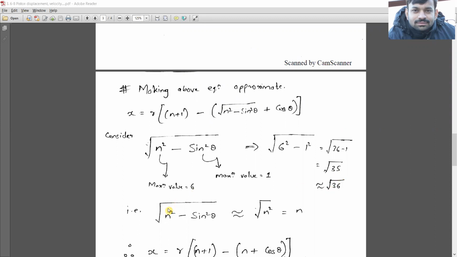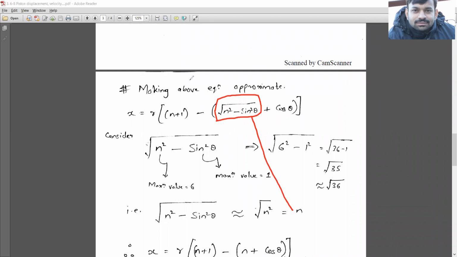So by this approximation, we can say that the value of under root n square minus sine square theta would be equivalent to under root n square itself, and under root n square is n. So this entire thing we have replaced by n.